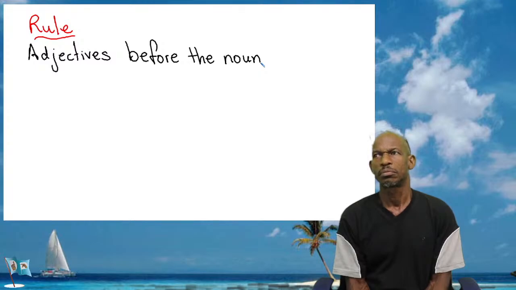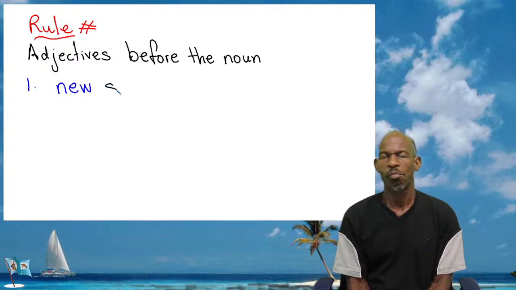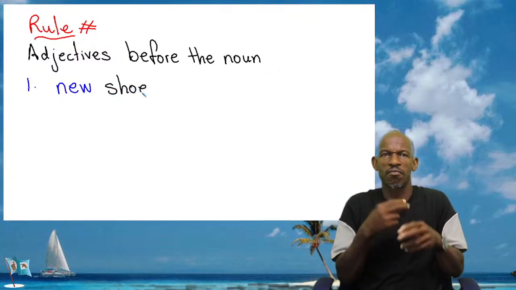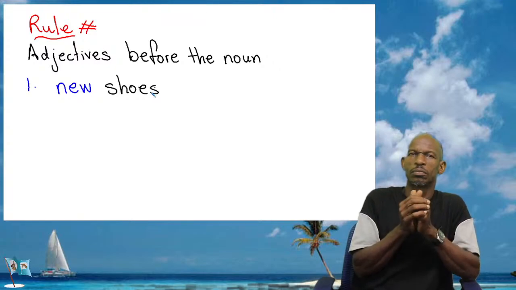And I'm showing you this because this came up and it is very important. So I have a noun. So I'm coming back with a shoe. I could put new shoes, new, and then shoes. Remember in the last sentence, I put the new at the end, after. So I can say new shoes.